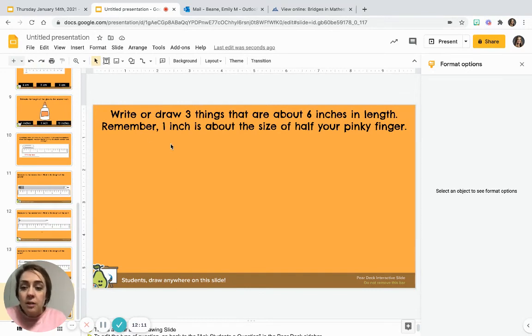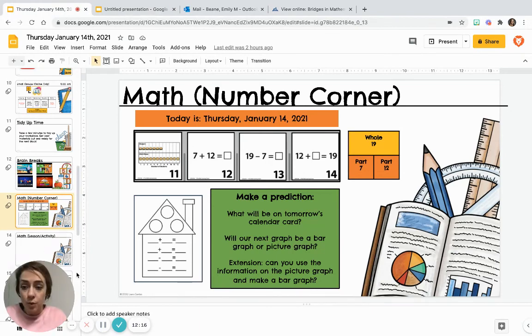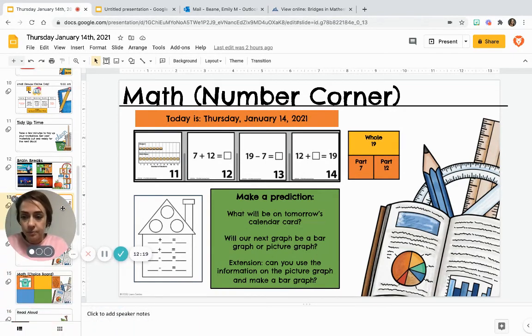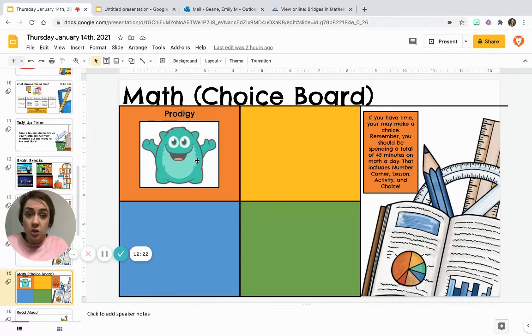All right. When you're done going through this slide or doing the Pear Deck, there's going to be a choice board. I haven't finished that yet. Prodigy is one choice, and I'll have 3 other choices. I've put in this box right here a reminder that the whole math time from start of Number Corner to end should be no longer than 45 minutes. So if you have done the Number Corner activities and watched this video and done Pear Deck and you're at 45 minutes, then you don't need to make a choice board choice.